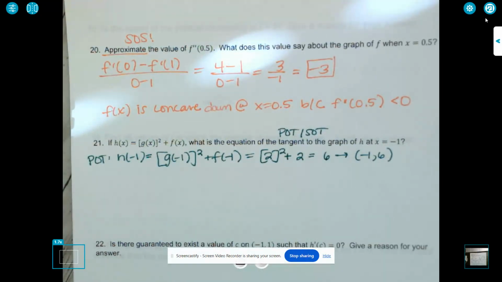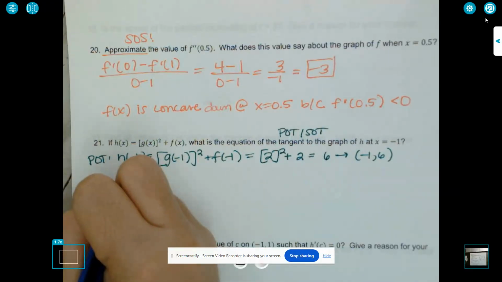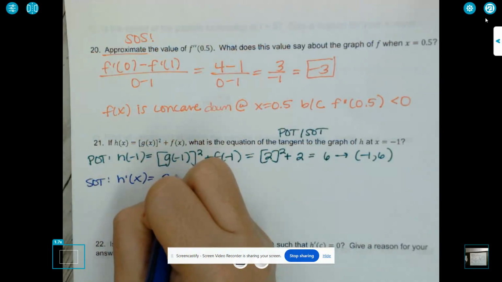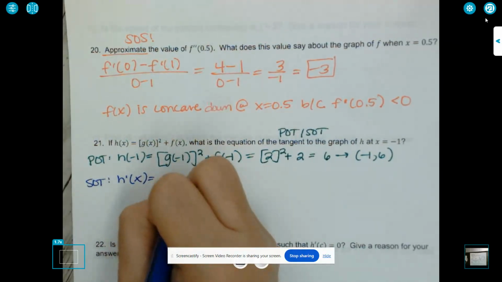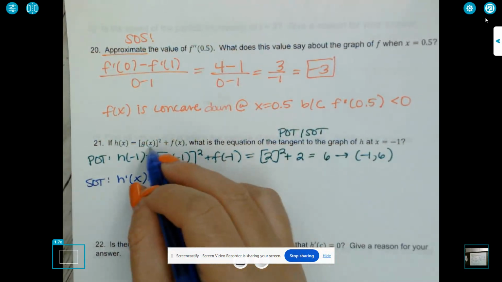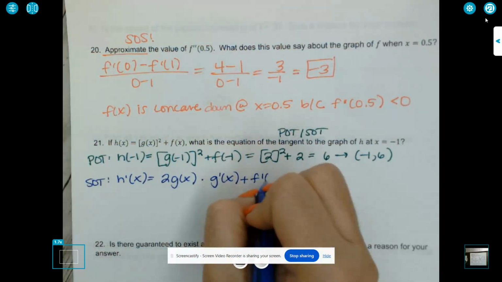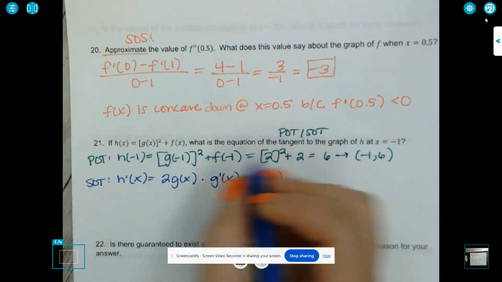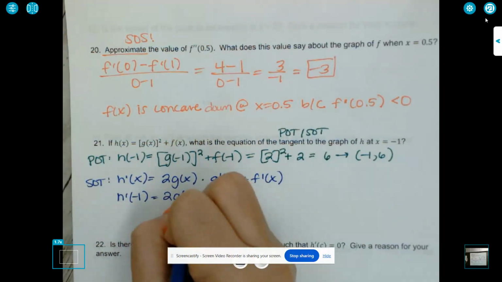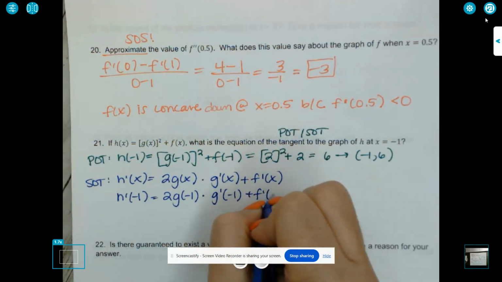For our sot, we're going to do h prime. So bring that 2 down, times g of x, and then the inside of that would be g prime of x plus f prime of x. And we're going to do that for -1. So 2 times g of -1 times g prime of -1 plus f prime of -1.